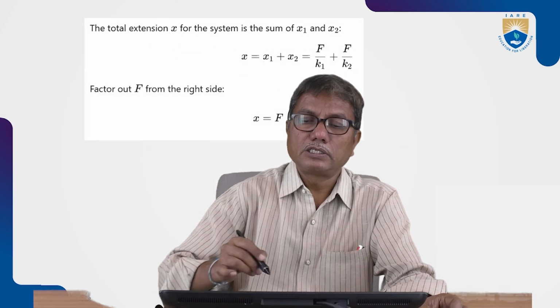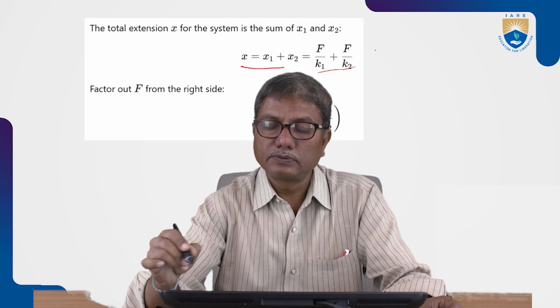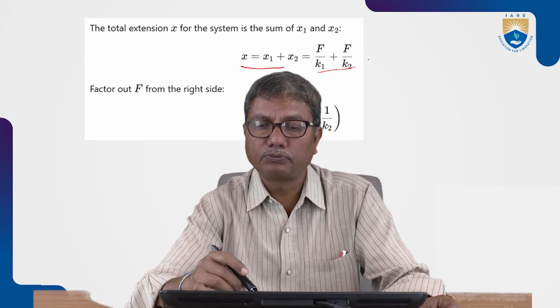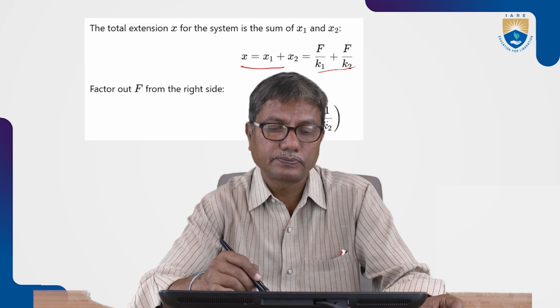So what is the total elongation? X1 plus X2, that is F by K1 plus F by K2, or F into 1 by K1 plus 1 by K2. Isn't it?